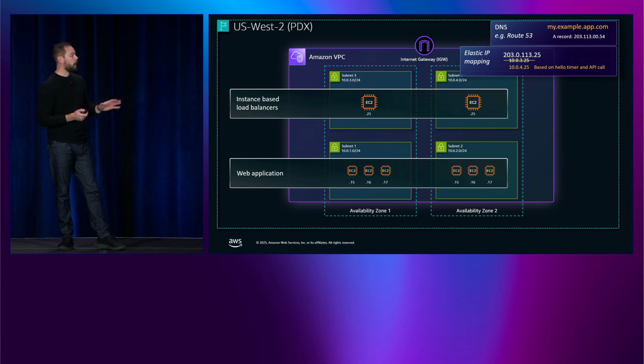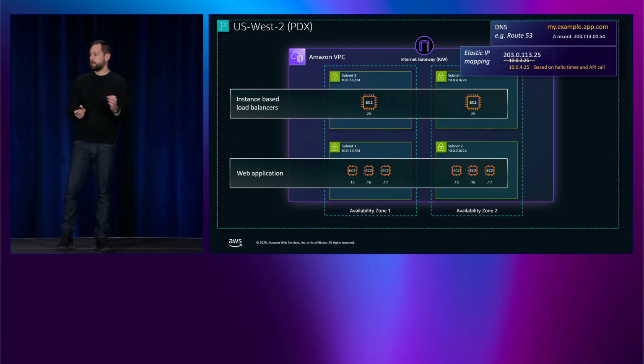This is a common architecture to do active standby for instance-based load balancers in AWS. So what you're basically doing is saying, I've got a single load balancer. It's on an instance, it's quite a big instance, 16x large, 32x large, so you can handle the amount of traffic you need, and you're shifting an elastic IP from one instance to another across availability zones. Interesting architecture because the elastic IP is actually not AZ bound.